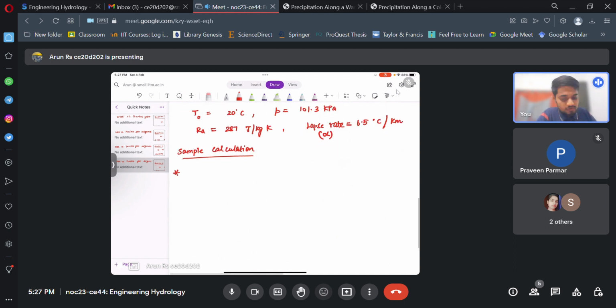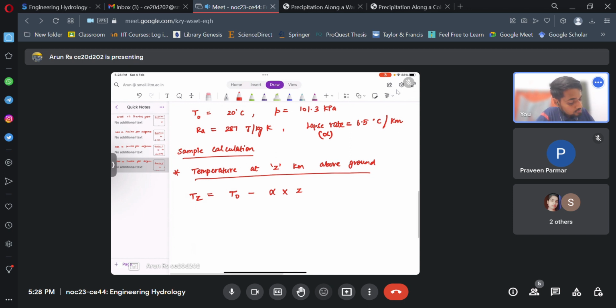First one is the temperature at Z kilometers. Temperature at any Z kilometer is given by the temperature at the ground minus your lapse rate multiplied by the distance from the ground.